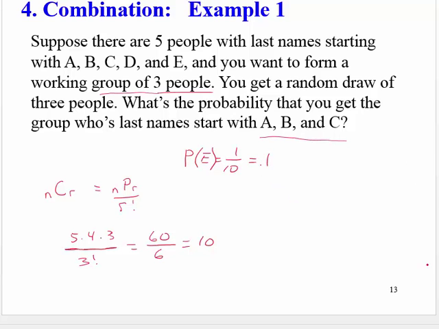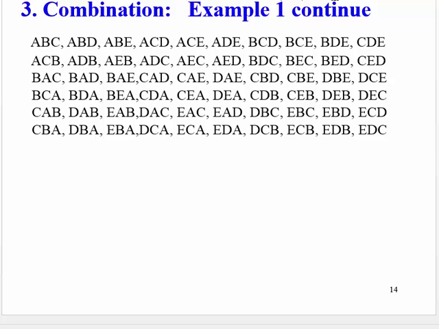And when order doesn't matter, we have these same things, but all of these are the same team, and all of these are the same team, etc. So all we have is this distinct number, which is 10 distinct numbers. Or we would take our 5P3, which is all these 60, and divide out by 3 factorial, all these different permutations for the same distinct object.